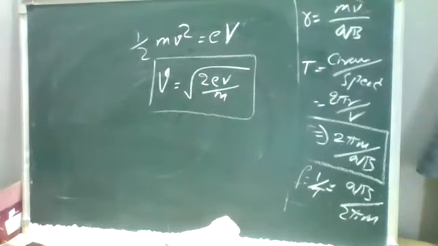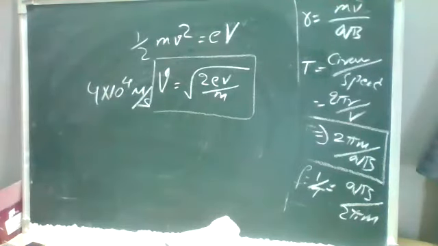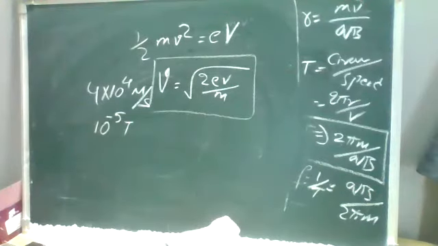Okay, right, take the question. An electron moving horizontally with a velocity of 4 into 10 power 4 meter per second enters a region of uniform magnetic field of 10 power minus 5 Tesla, acting vertically downwards as shown in the figure.